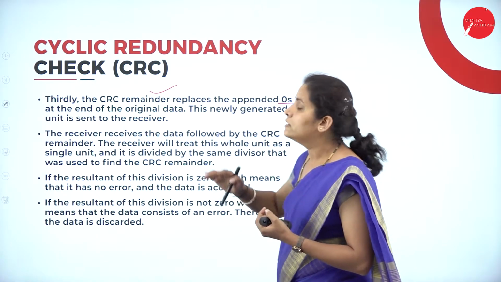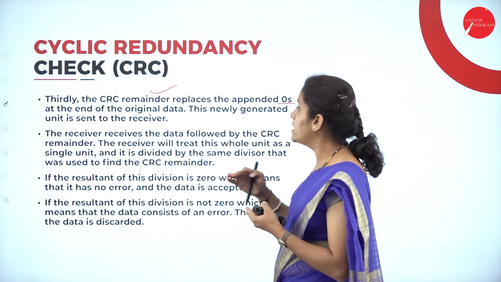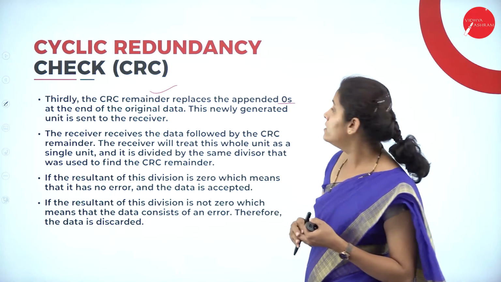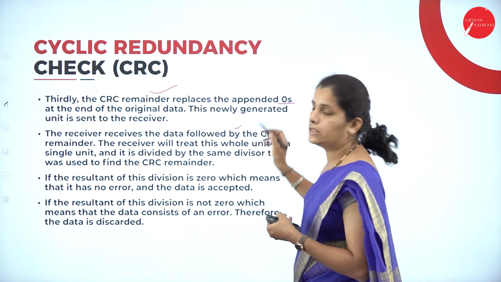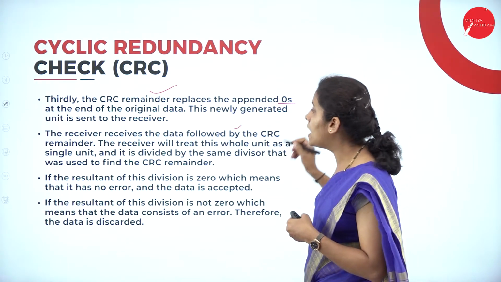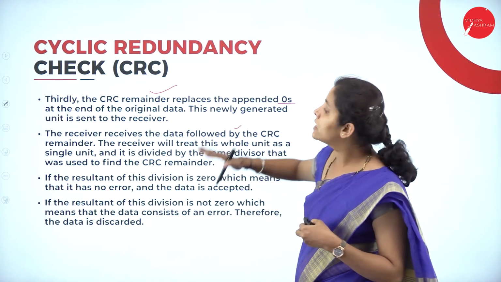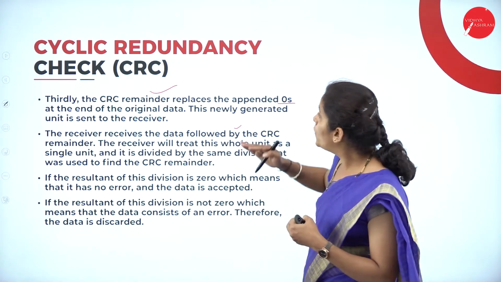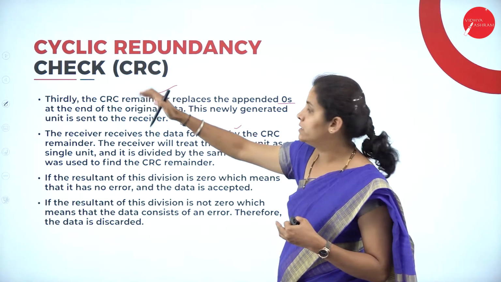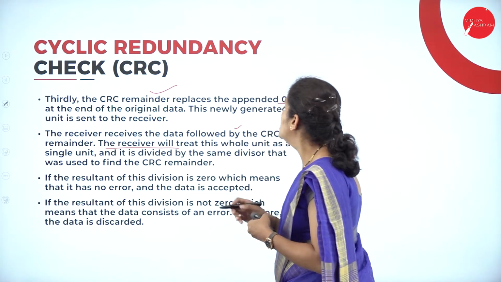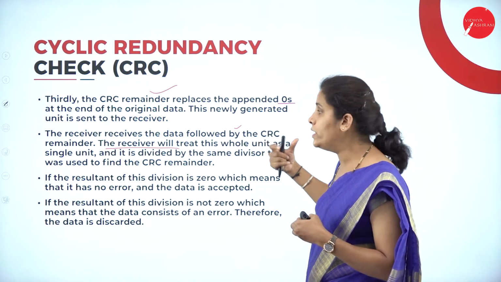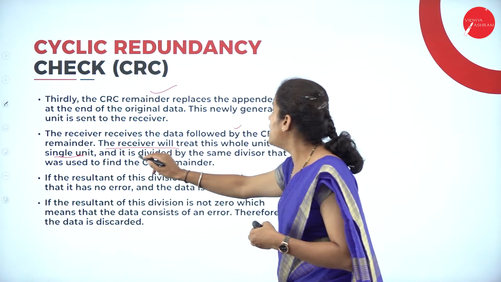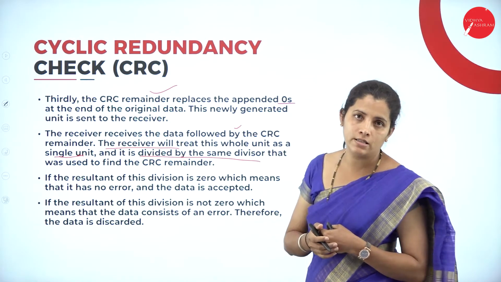At the receiving end, same thing. The receiver receives the data followed by the CRC remainder. That means on the receiving side, the receiver is going to receive the data with the CRC bits. The receiver will treat this as a whole, as a single unit, and it is divided by the same divisor.